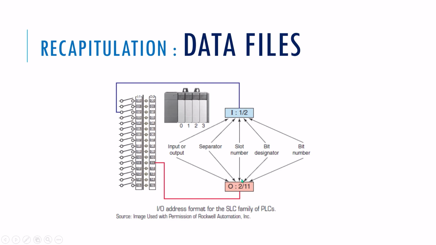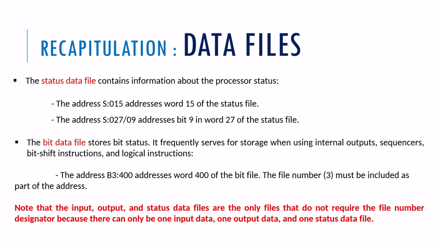Then there is the slot number, then a bit designator, and then the bit number. This is how the address is written in the case of the PLC 5 or SLC family of PLCs for Allen Bradley. Now let us see the various sections in this data file unit.